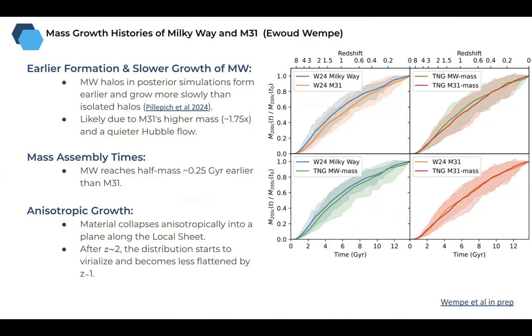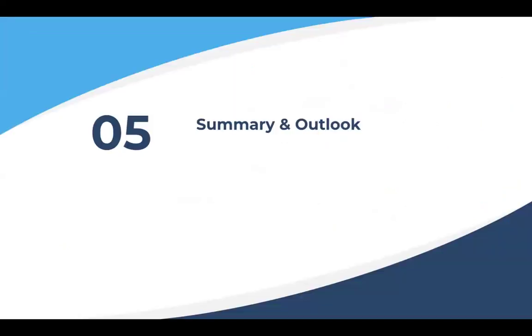And that's owed to the particular environment that we have. So we can basically look at these formation histories of the Milky Way and Andromeda pair, and we can have very detailed information about this.